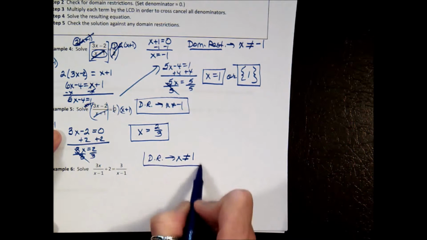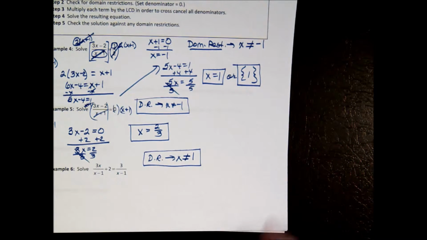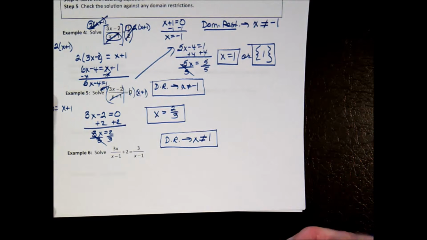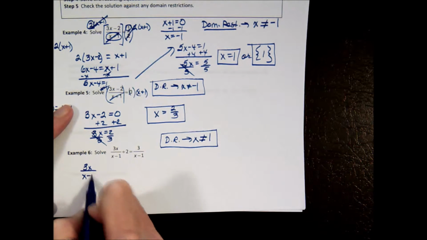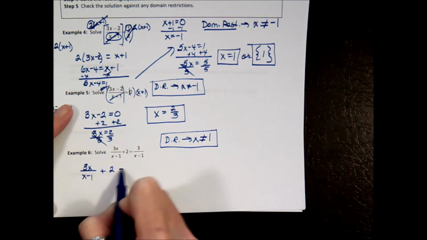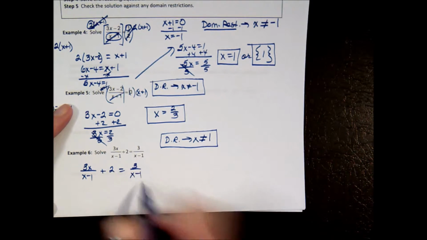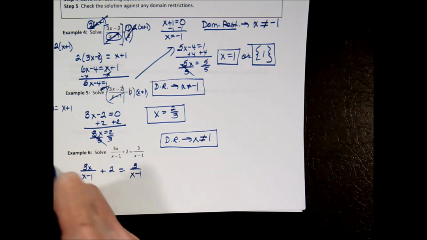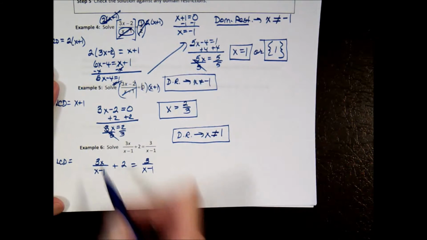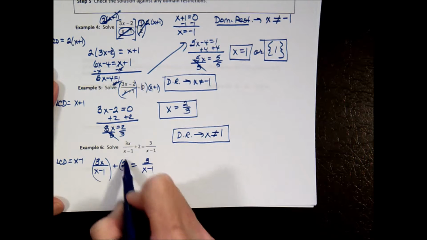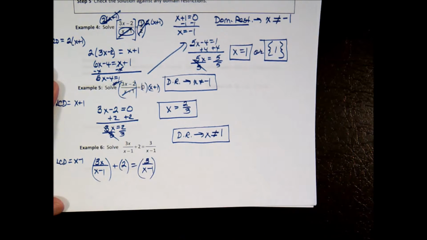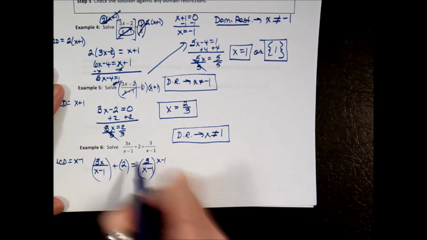So x can't be 1. Now we're going to go about the business of solving it. Because this is sort of small, I am going to rewrite this like this. My LCD in this case is x minus 1. That's what I need to multiply all terms, including this one, by to clear the fractions.